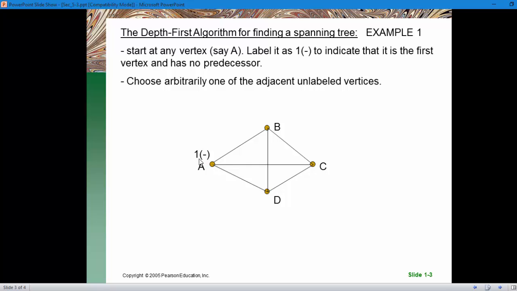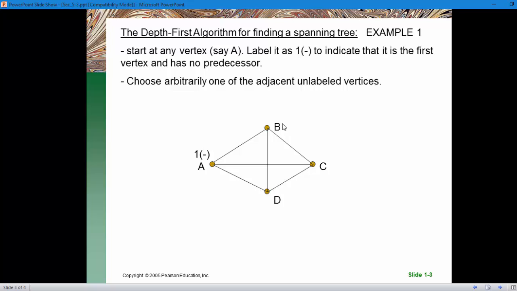You're simply numbering the vertices as you find them. So since this is the first vertex, we're going to label it with 1. And the parentheses will be the same as before. We describe the predecessors in parentheses. Since A is the first vertex, there is no predecessor, so we put a dash or we just leave it empty.